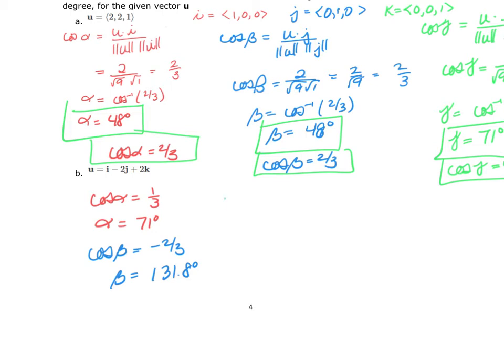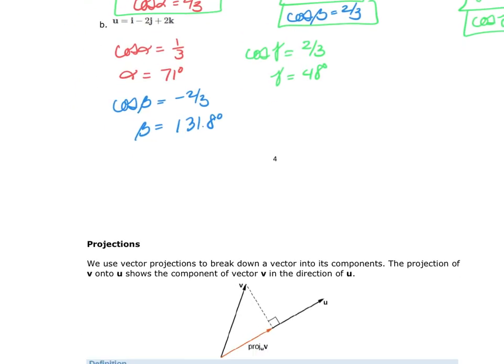And then my last one, the cosine of gamma, is going to be equal to 2/3, which means gamma is still going to be 48 degrees. And so those are those answers. Go ahead and take a look at yours, and of course, we will talk about them in class if you'd like. I know I went fast, so if there's anything you want to go over, just bring it up in class.